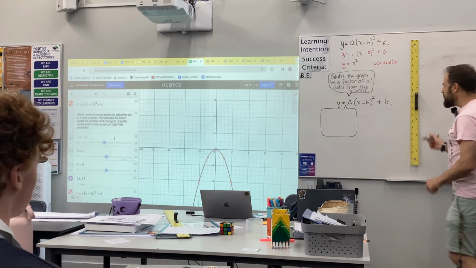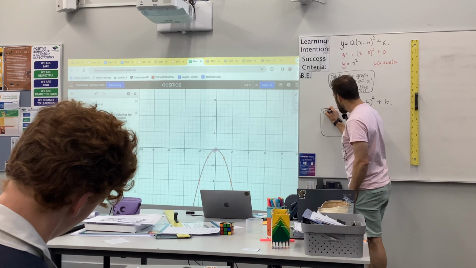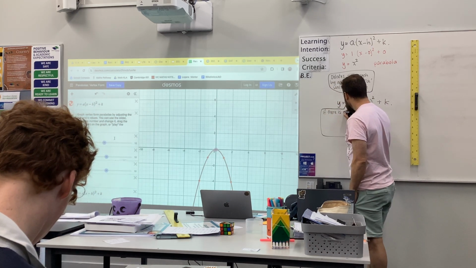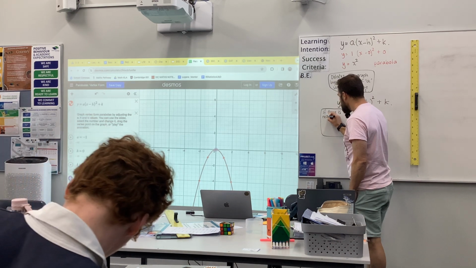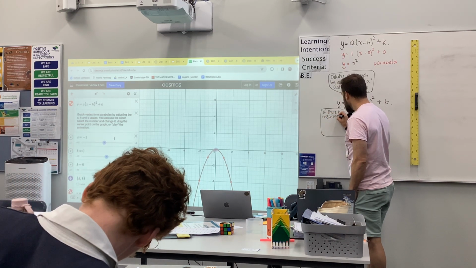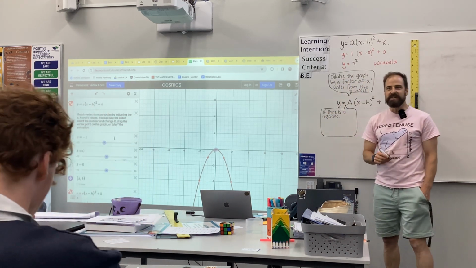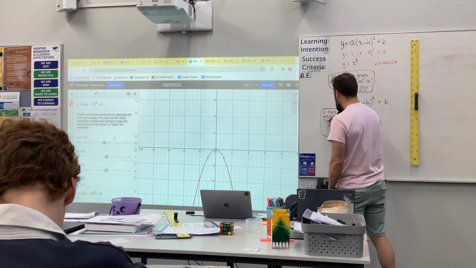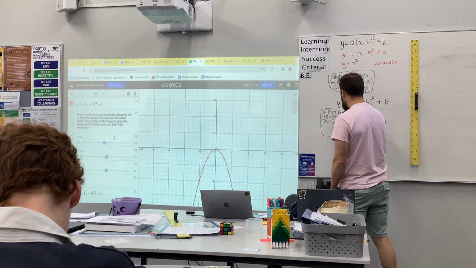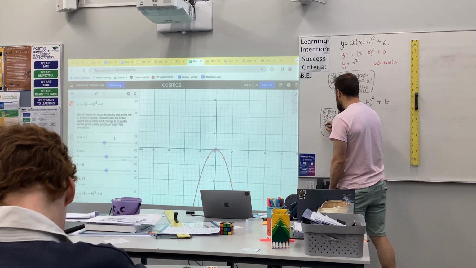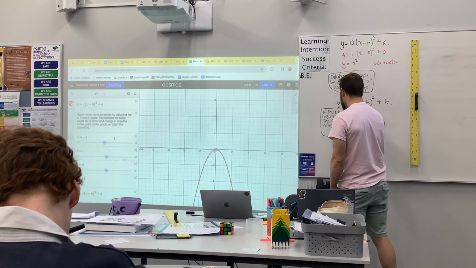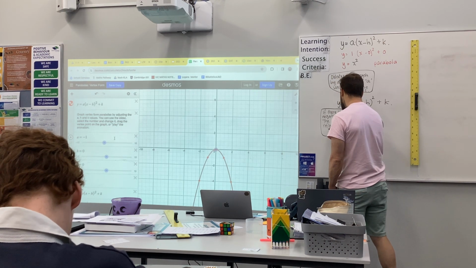Now, if there is a negative, what we actually have to write is the graph is reflected in the x-axis.